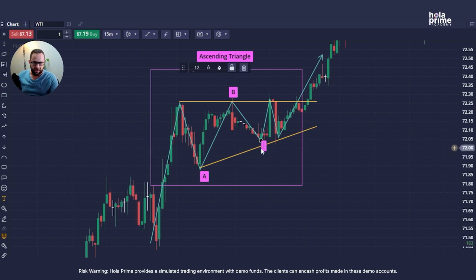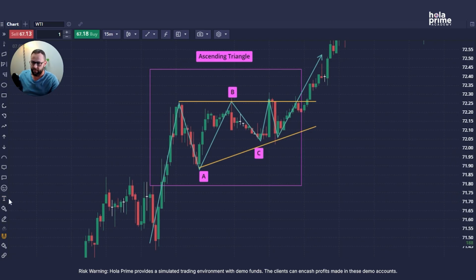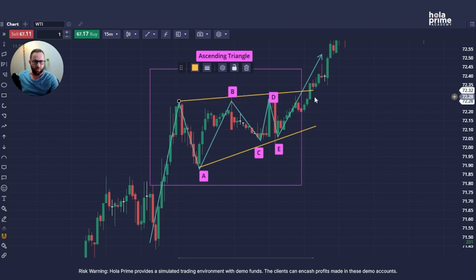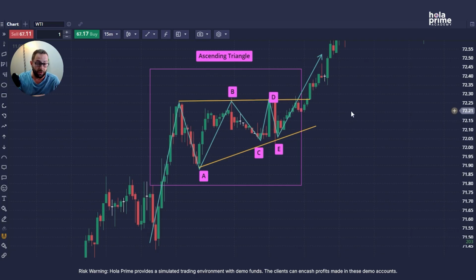You'll get another move lower, that would be your C wave, a D wave, and then finally a final E wave to the downside before price finds support in this case and makes a breakout to the upside. Some traders might call these ascending triangles wedges. Whatever you like to call it, that is typically what the pattern looks like.